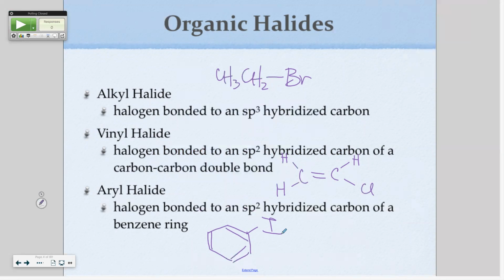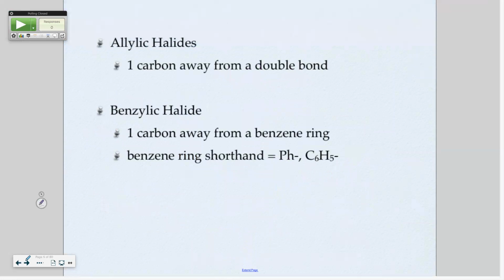Okay, you ready? You sure, Caitlin? All right, so an allylic halide is where you're one carbon away from a double bond. So look at this.